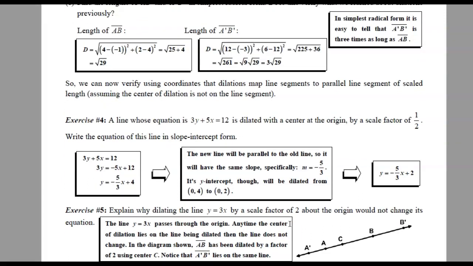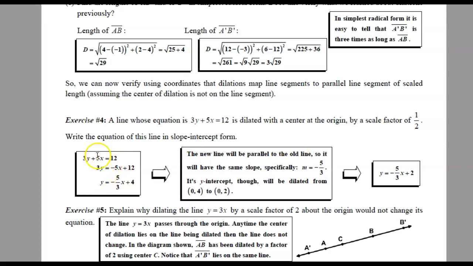All right, exercise 4. So a line whose equation is 3y plus 5x equals 12, dilated at the center, scale factor of 1/2. So what that tells us is the new line should be parallel, because all dilations move in a parallel fashion, and any coordinates should be half as far away from the origin as the original ones.